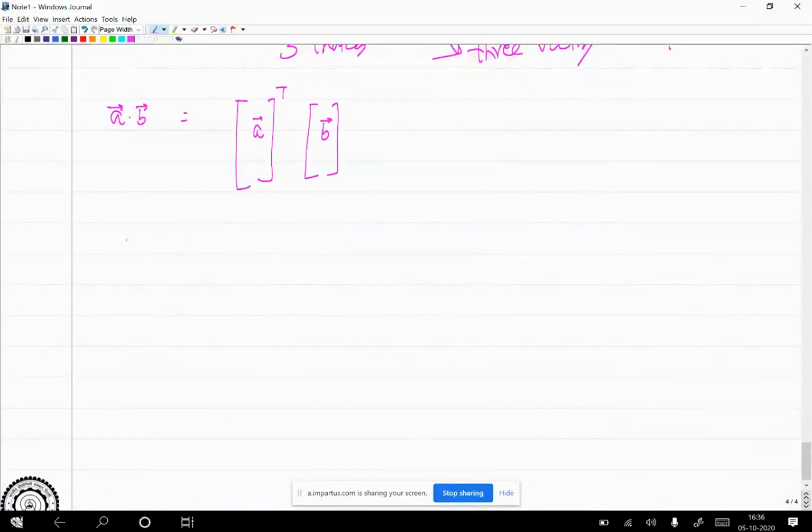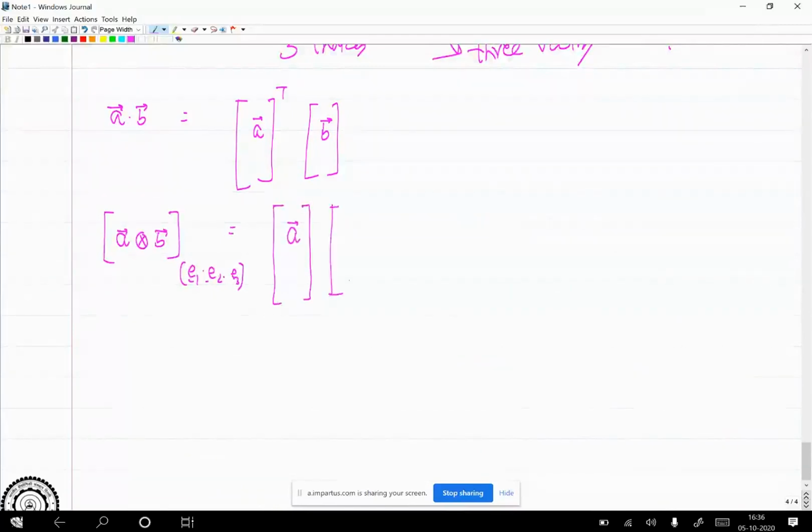For a second order tensor, A tensor product B, when you want to represent it in a coordinate system, let's say E1, E2, E3, then what you have to do is take A but transpose the second one.